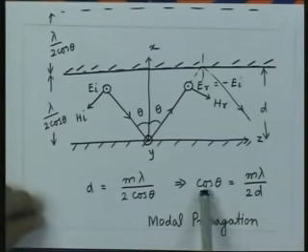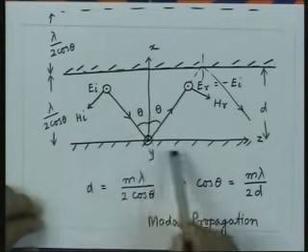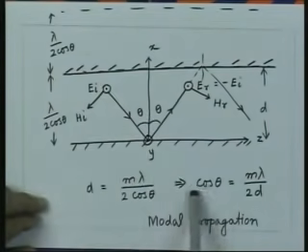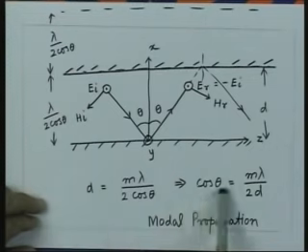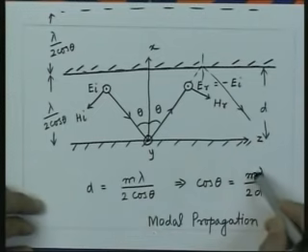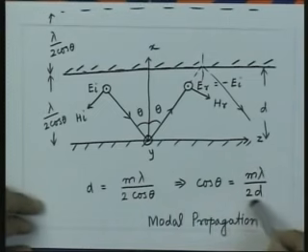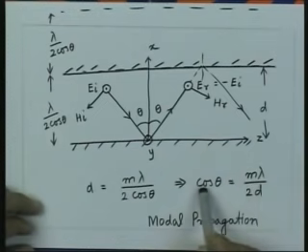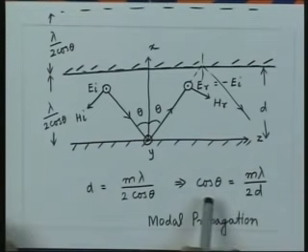One is, since for physical angle theta, the cos theta has to be between 0 and 1, for a given value of d, I have only a limited number of m's. For example, I can put m equal to 0, m equal to 1, 2, 3, and whenever this quantity becomes greater than 1, that does not represent a physical angle theta.